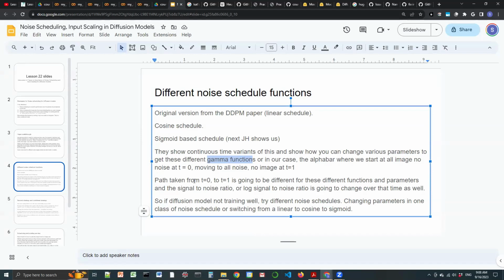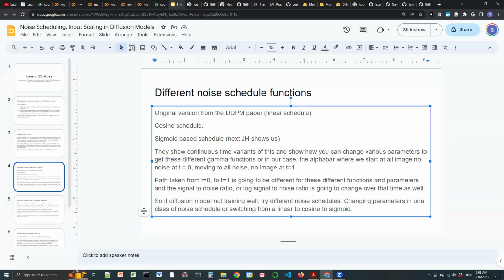And the important thing they zero in on is the signal to noise ratio in the image, or the log signal to noise ratio. And that changes over the different time steps that we take. So if the diffusion model is not training well, then the thing to change or play with is the noise scheduling.